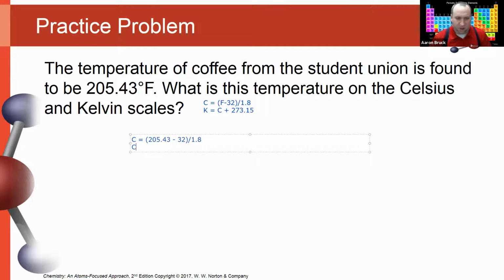So following the math here, we have 205.43 minus 32, and that would be 173.43. We're going to take that and divide it by 1.8.